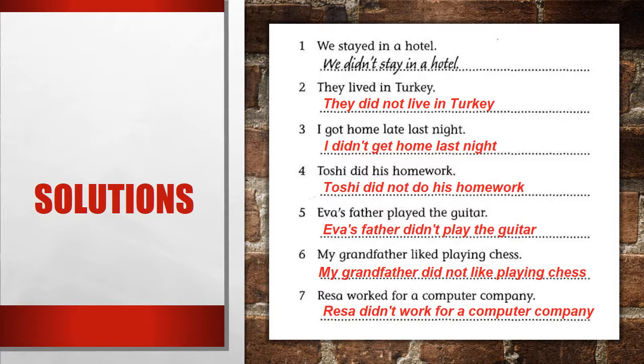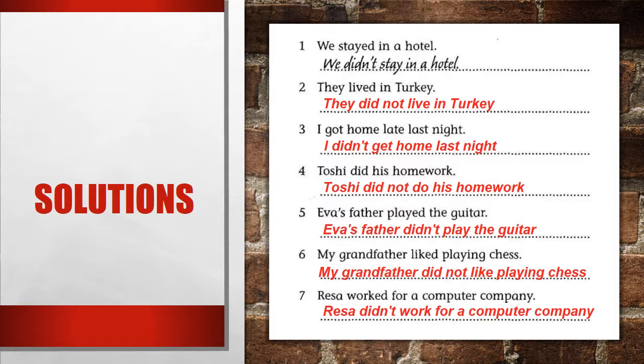Something important here that sometimes causes confusion to Spanish speakers is the case that we have on sentence 4. Let's have a look at that sentence. It says, Toshi did his homework, right? Now, I have been insisting so far about how the word did does not have a meaning. Well, it doesn't, but that's when it's an auxiliary.